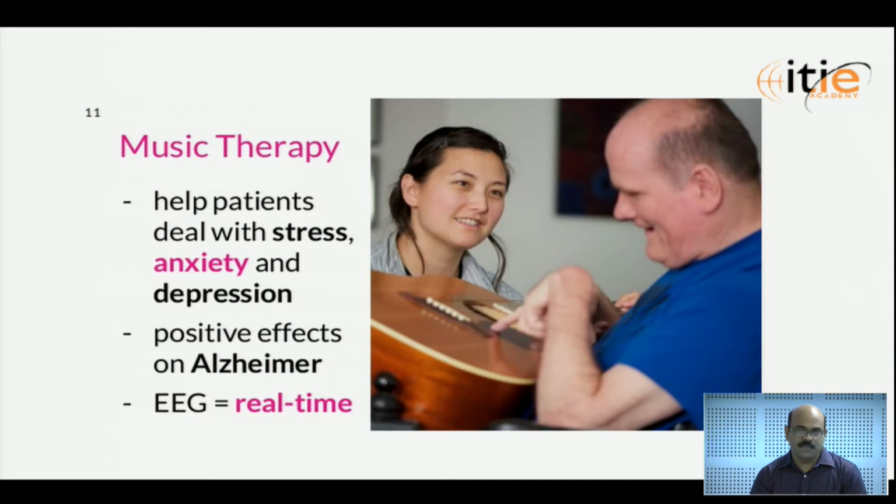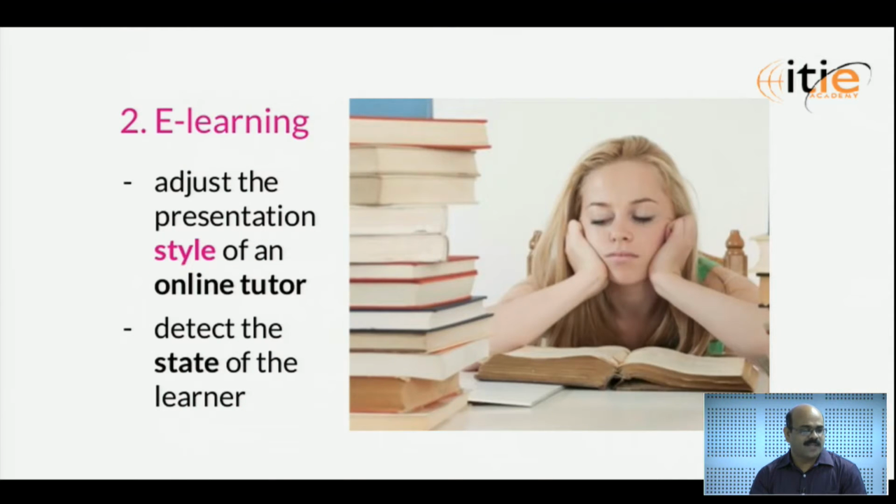Alzheimer's, how to have the positive effects on that. Of course e-learning. There is also an area called neuromarketing. Based on the behavior of the customer, we need to decide what to sell. That's another area from the commercial perspective, and a lot of research is also happening in neuromarketing.